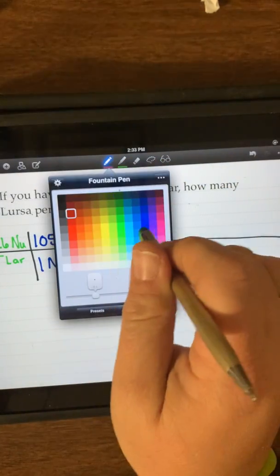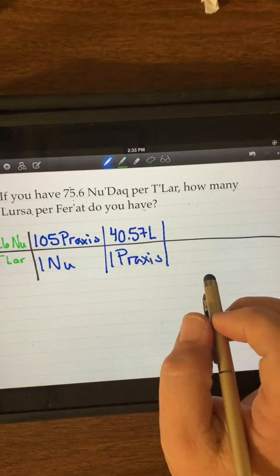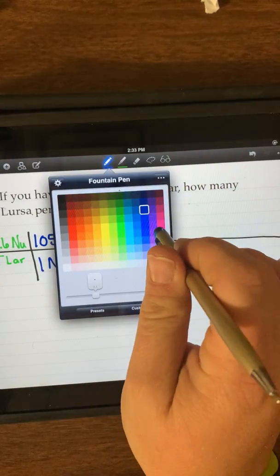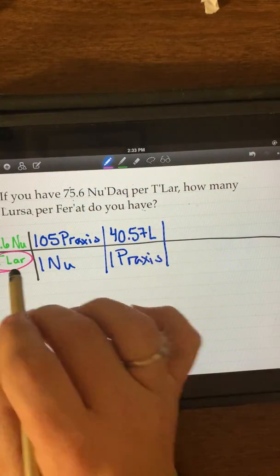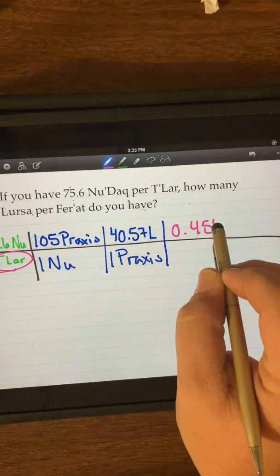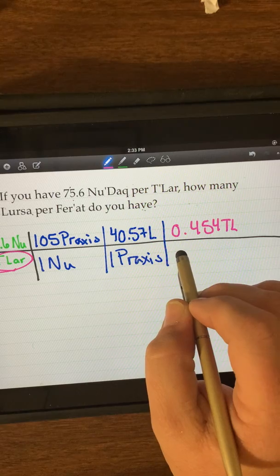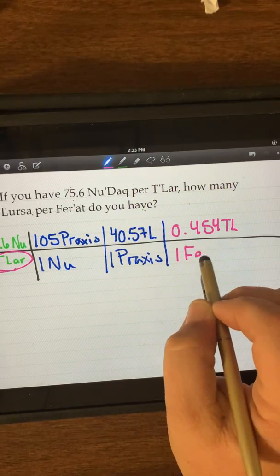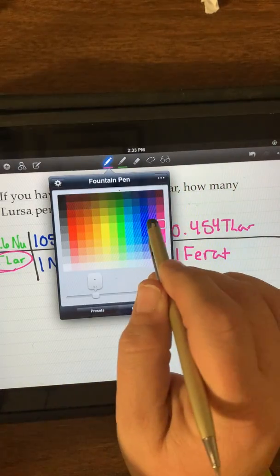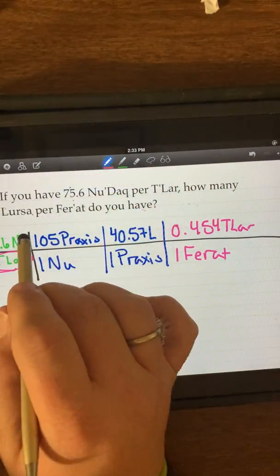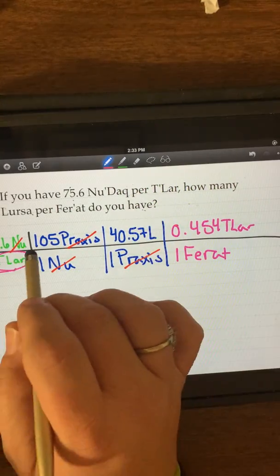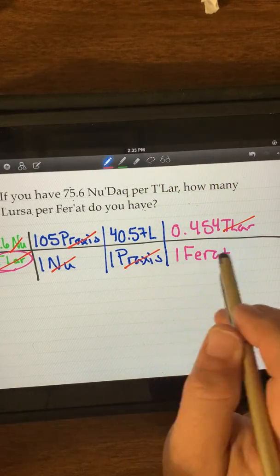And then I have one more to go. No, I'm there. There's my lursa, sorry. Now I'm going to take the talar, and 0.454 talar is equal to 1 ferat. Okay? So nudak cancels, praxis cancels, lursa is what I want, talar cancels, and left ferat.